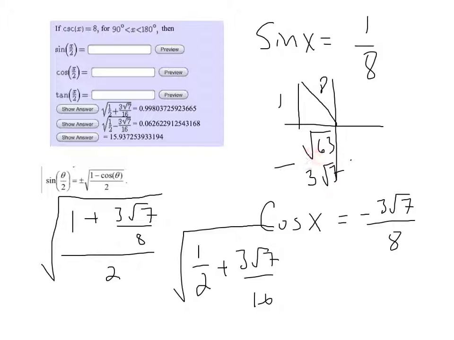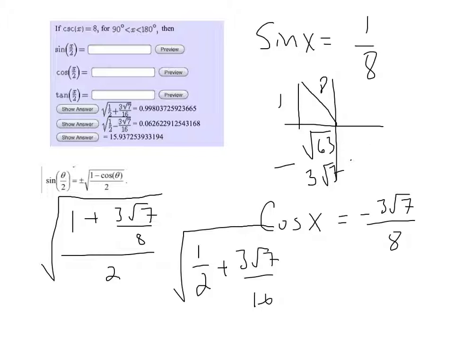So that tells me this side has to be c squared minus a squared, so 64 minus 1 is 63, and the side is root 63. And since it is in quadrant 2, the x coordinate, the x-axis, is negative. So it's negative root 63, or negative, let's see, 9 times 7 is 63, which is 3 root 7.